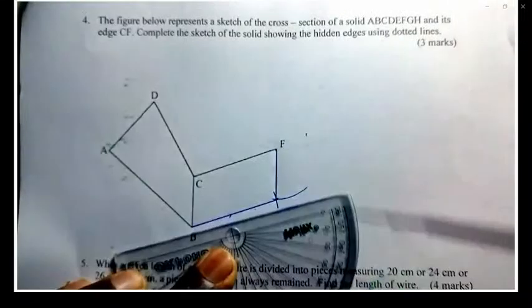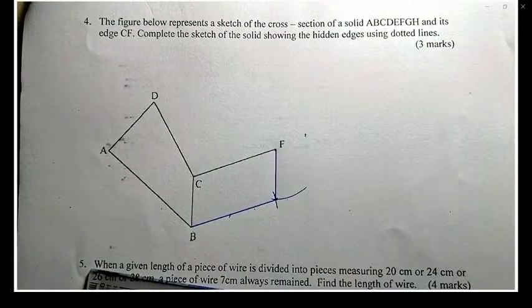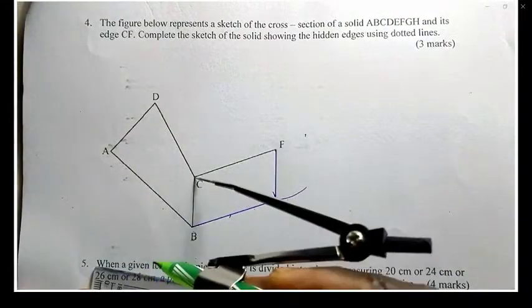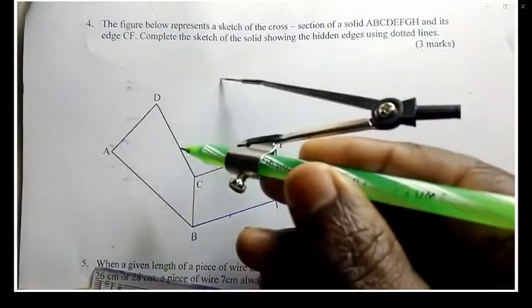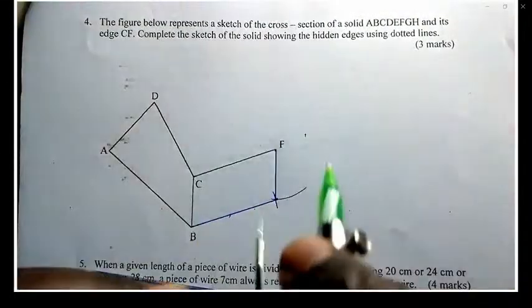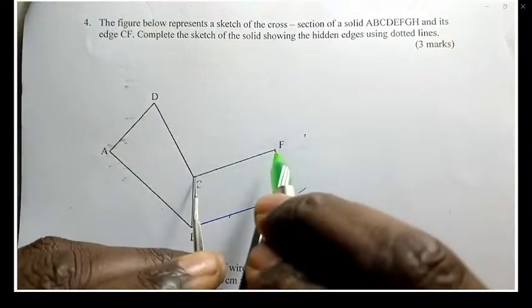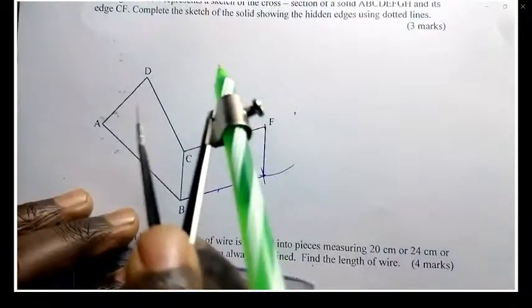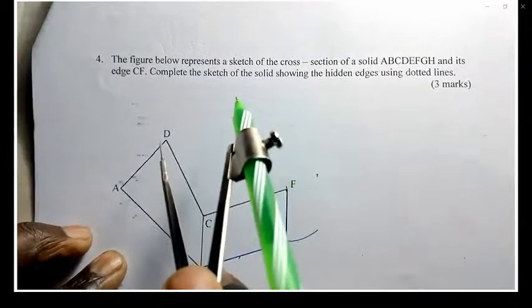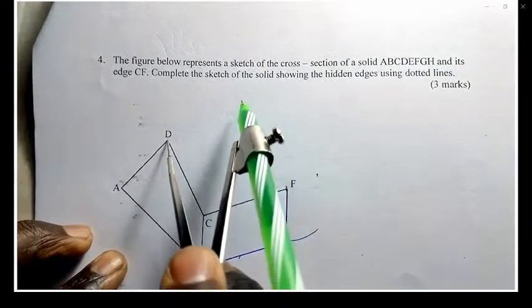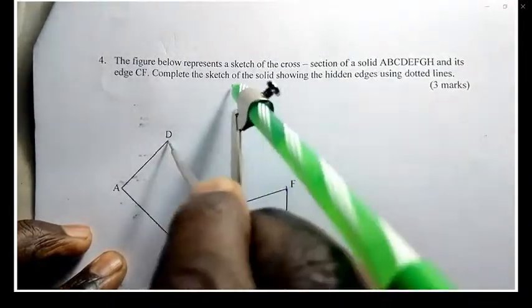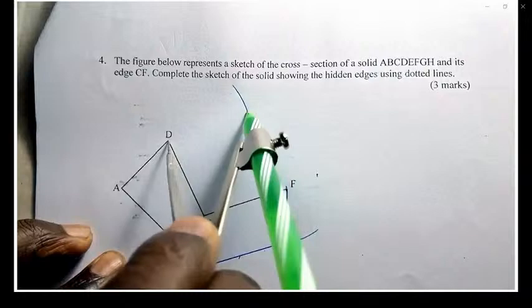Very good. So the next thing tunajua this length CF na D this length they are going to be the same. So take this length here. Sawa? Simama pale kwa D. And mark there. Right?